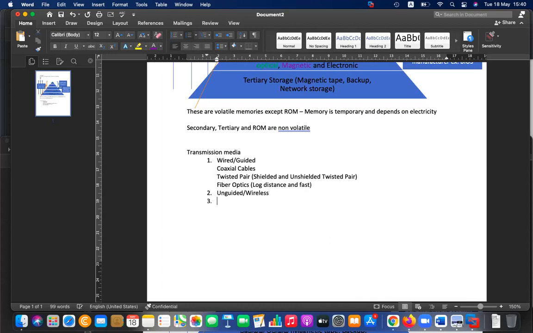And unguided media or the wireless media, you can say infrared. It is unidirectional. කියන්නේ එක පැත්තකට විතරයි යන්නේ. Unidirectional. And Bluetooth, Zigbee, Wi-Fi, those are omnidirectional.